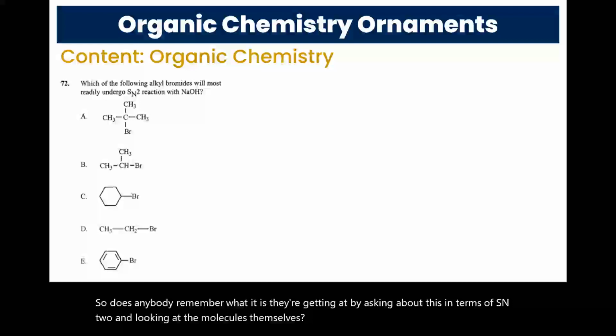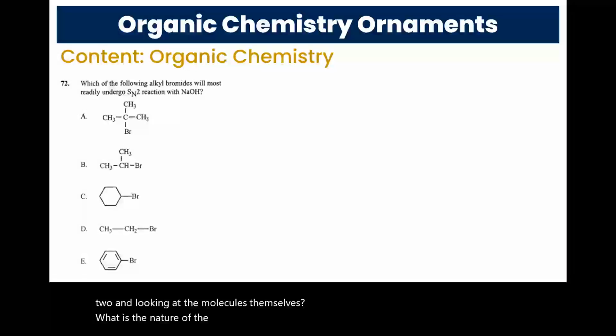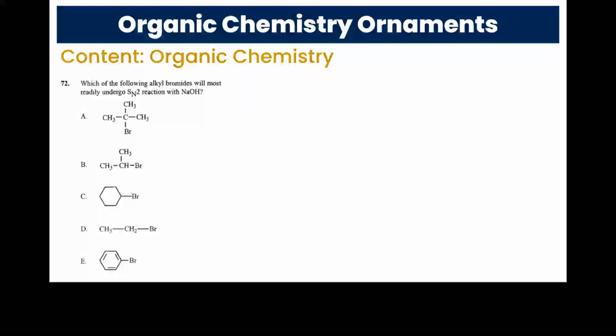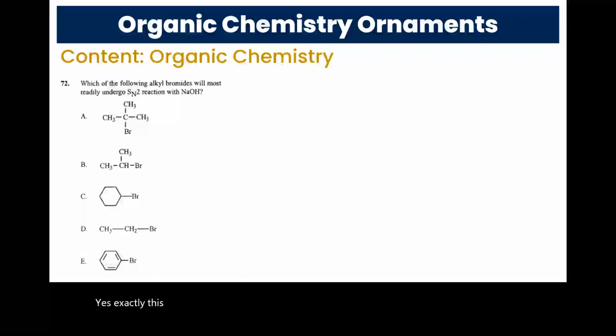What is the nature of the SN2 mechanism they're actually asking you about in this question? Isn't it backside attack? Yes, exactly. This is about the steric hindrance on the backside of that nucleophile or the electrophile.